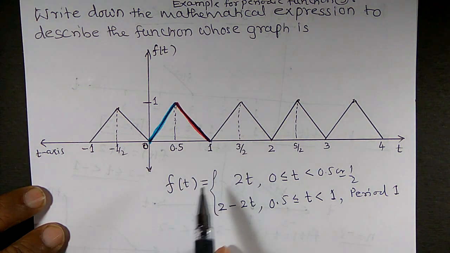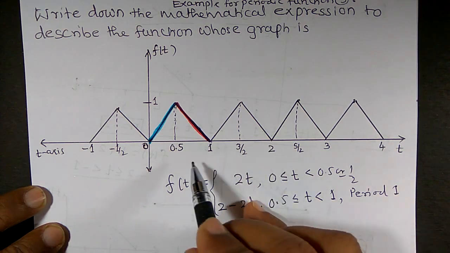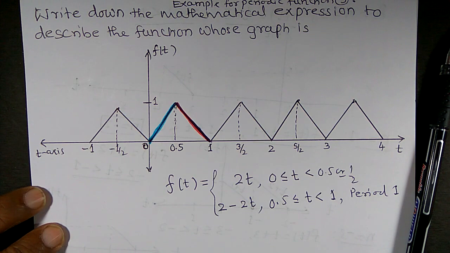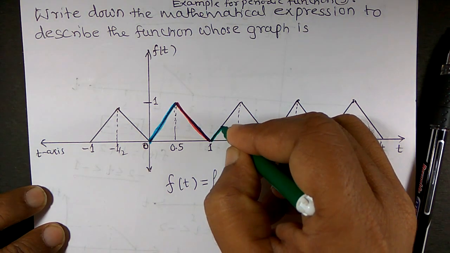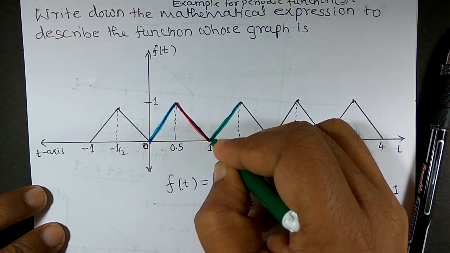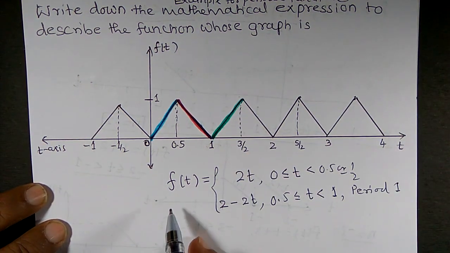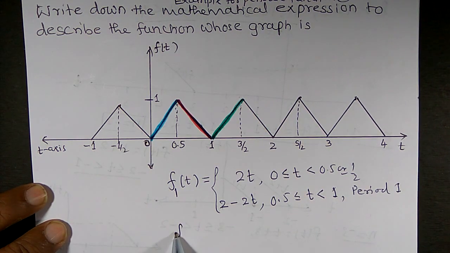Now I can think about the graph between 1 and 2. For example, I want to write the function for the ramp. Is it clear? This I will call f1(t).